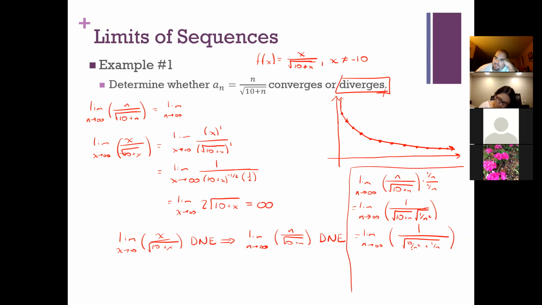So from there, can we see what's going to happen to that denominator as n gets very big? Zero. Yeah, so basically the denominator is going to go to 0.